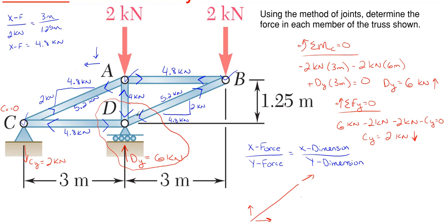So let's look at our values here. Let's make sure that we have everything in the vertical direction canceling out. I have 6 kilonewtons in the upward direction for the reaction, so I have 6 up. I have 4 coming down here for AD. That means I need an additional 2 coming down in order to cancel with the 6 in the vertical.